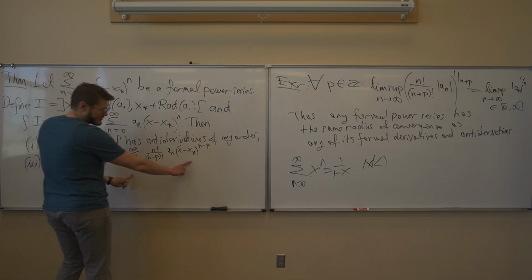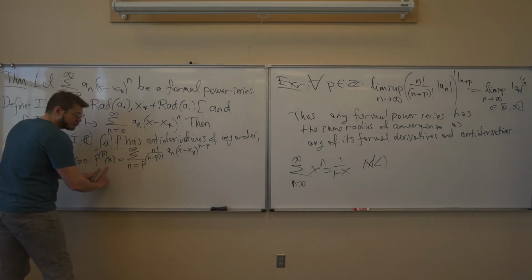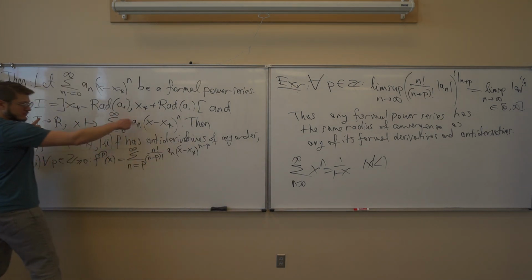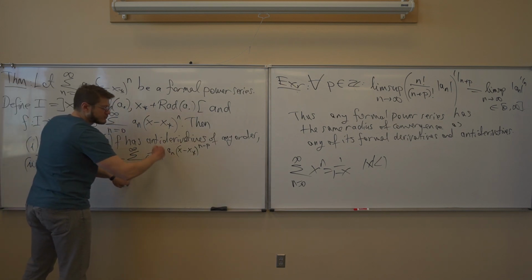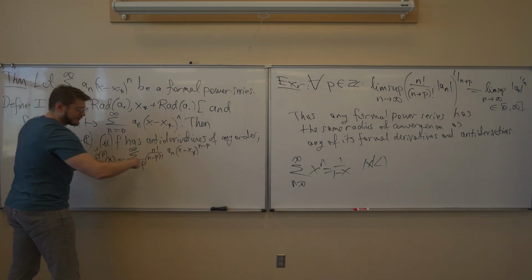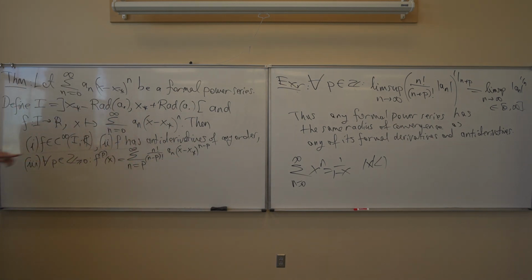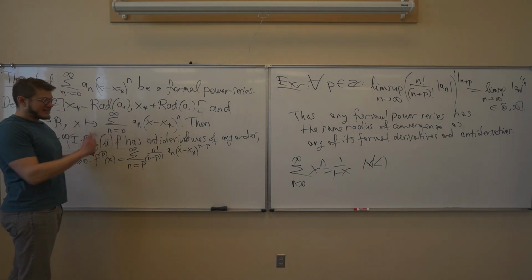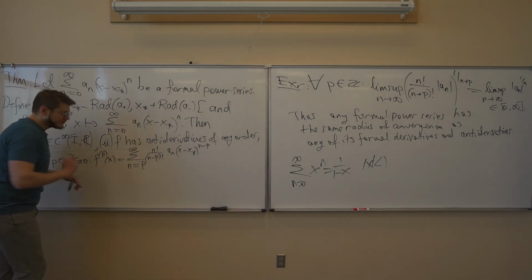So again, this is a limit, remember. I'm saying that this derivative, the derivative of this function, is this pointwise. So the limit of the partial sums converges to the derivative. And if I were to look at a compact subinterval of this I, then in fact the convergence is uniform in x.